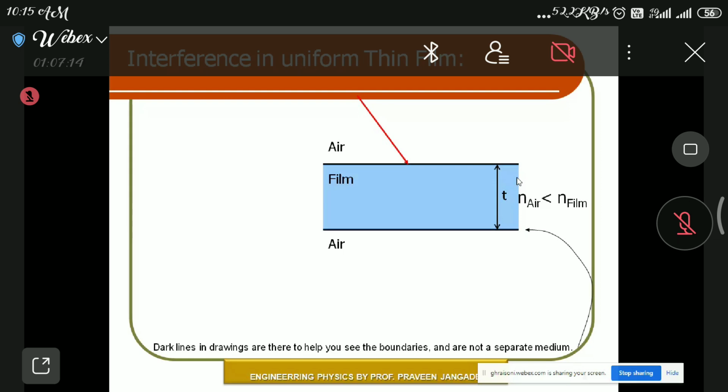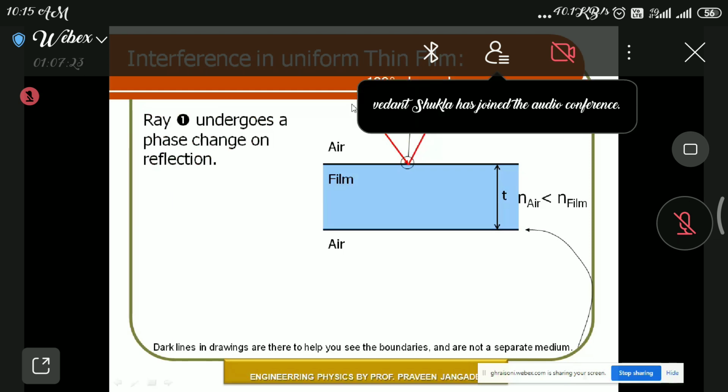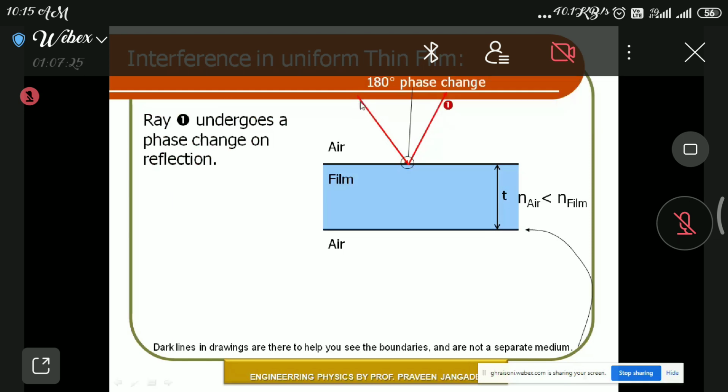In that case, this ray is incident obliquely. Oblique means it makes a certain angle. Once this ray is incident on the thin film, as you can see here, it makes the angle of incidence, and then it gets reflected and forms ray 1.